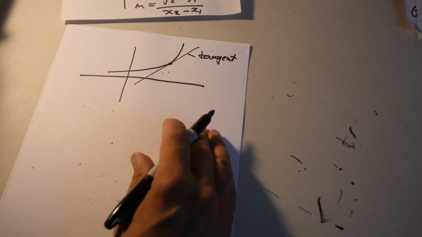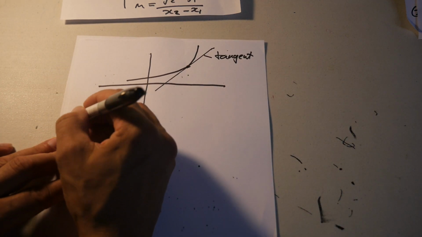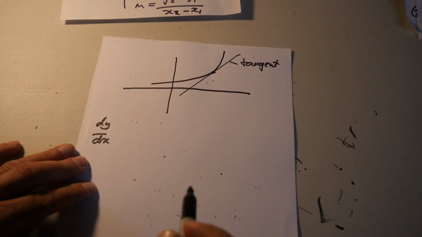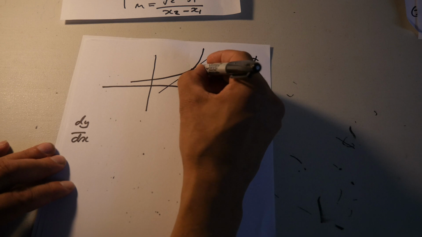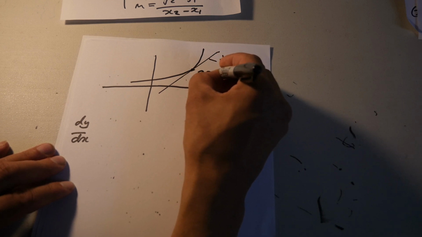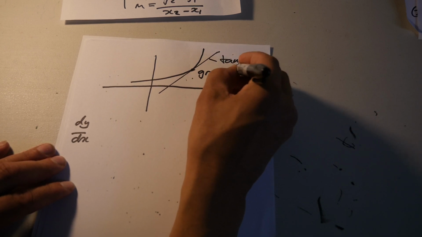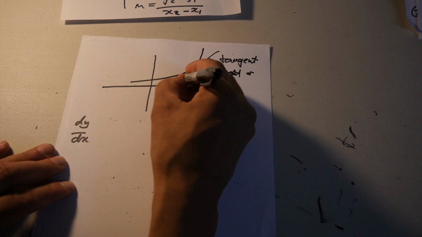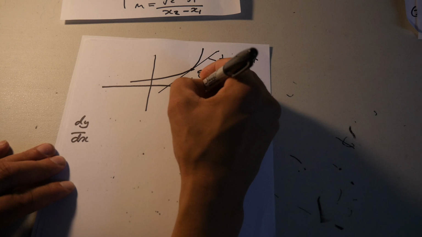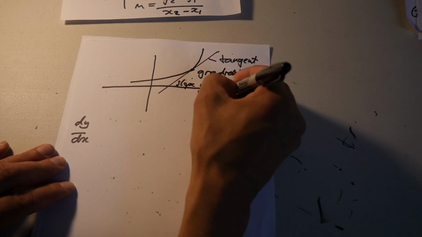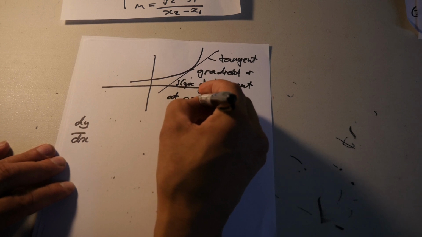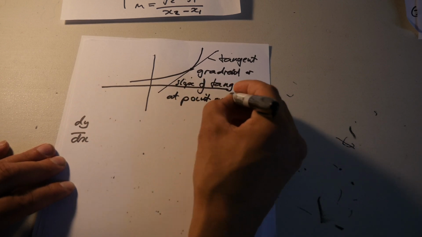When you work out dy by dx, you're actually working out the gradient or slope of the tangent at the point on the curve.